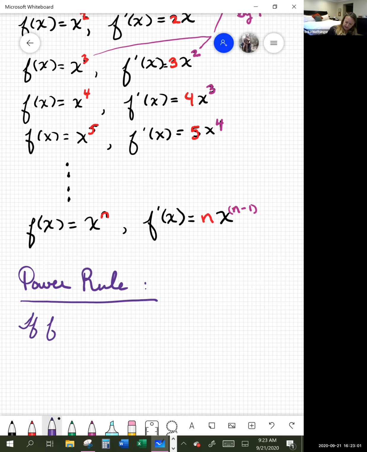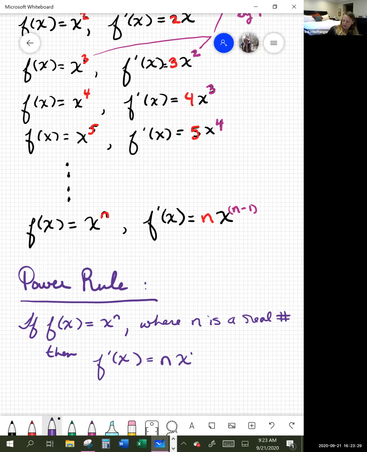What it says again is that if f of x is equal to x to the n, where n is a real number, then f prime of x is equal to n x raised to the n minus 1 power.